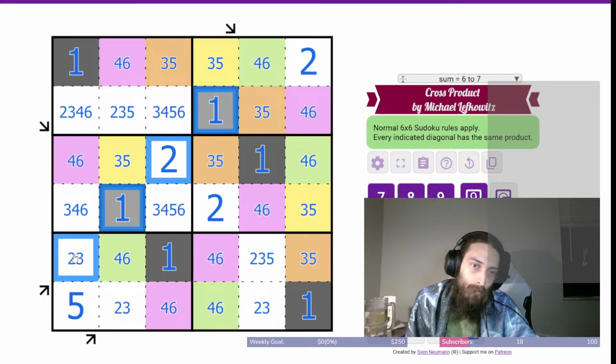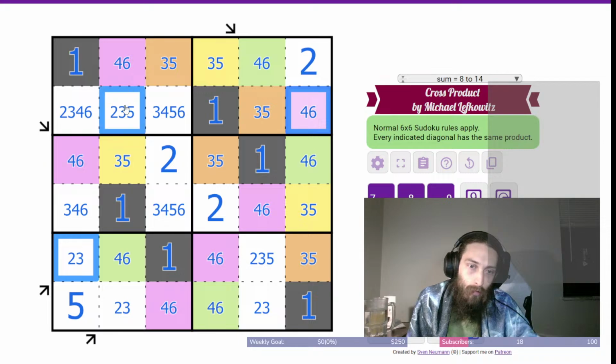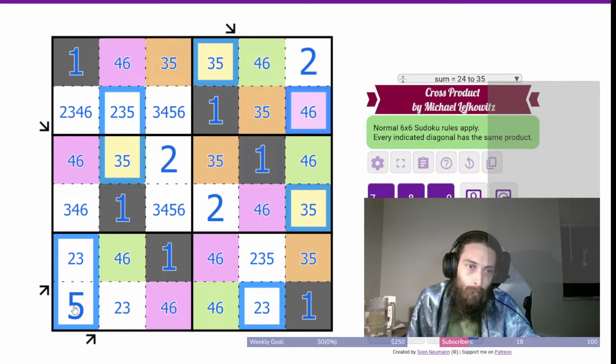If purple is 4, that would make this a 2, then that's a 2, and that's a 2, and that's a 2. And then yellow would be 5, and orange would be 3.